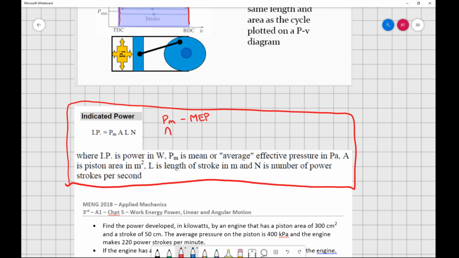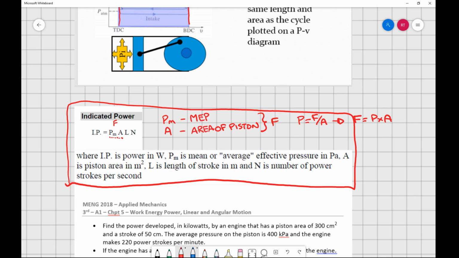All right, we have area, which is the area of the piston. And these guys together create our force, okay, because pressure is equal to a force per area. So a force is equal to pressure times area. So you can see here you have pressure times area, and that really is your force.